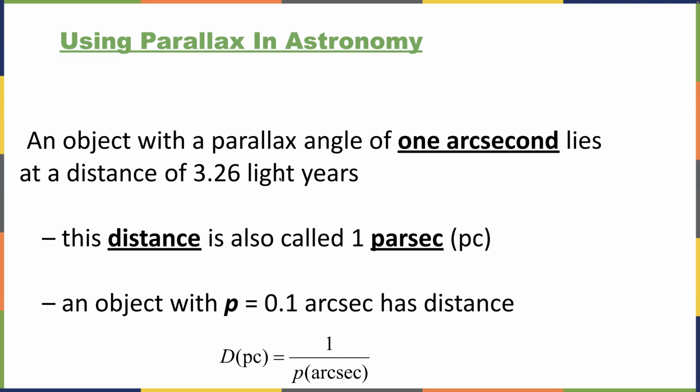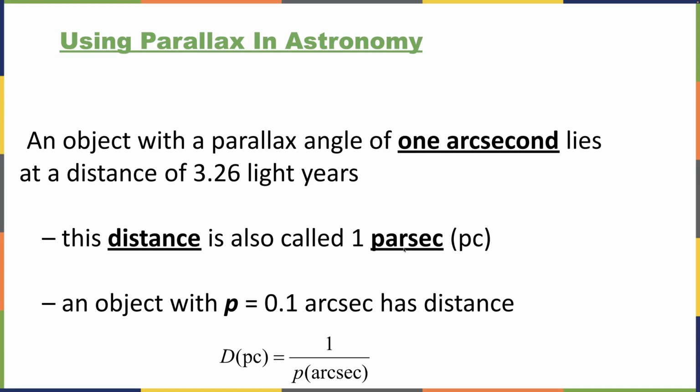So there are two different things that we are going to learn here. I am introducing a new unit for you, and that is the unit parsec. Parsec is a regular unit that we use in astronomy. So 3.26 light years is equal to 1 parsec.